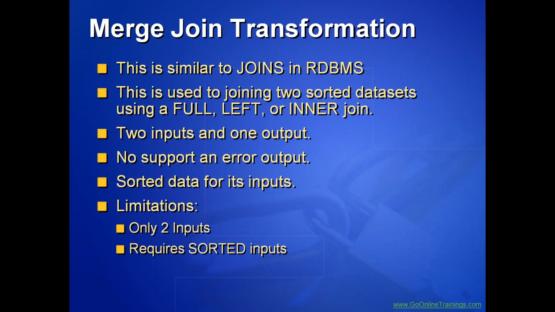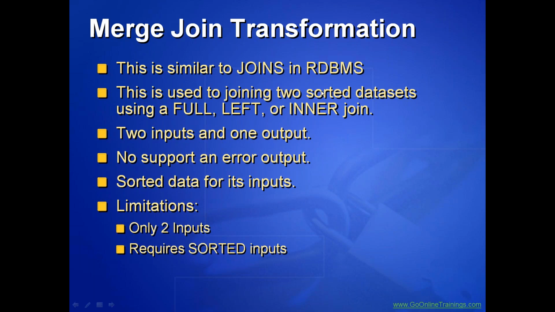Then we have the merge join transformation. When we're talking about merge join, it is equivalent to joins in RDBMS, joins in SQL, right? You know what the lookup transformation is. Now you have to understand joins in SSIS as well.